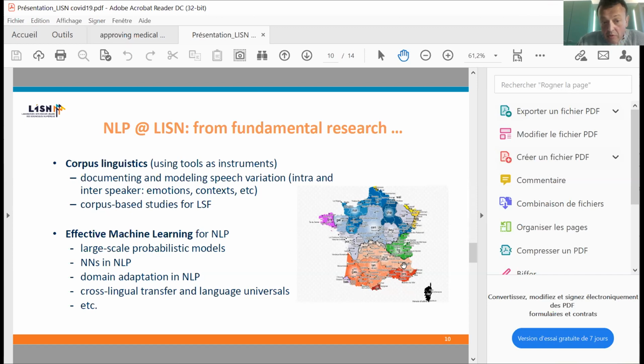And also, we have been dealing with machine learning for a very long time. The LIMC was created in the 70s, and we have been dealing with speech recognition since the 80s. So we are dealing with machine learning from the very beginning.